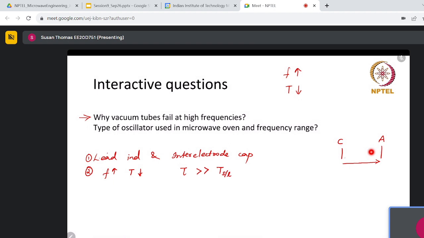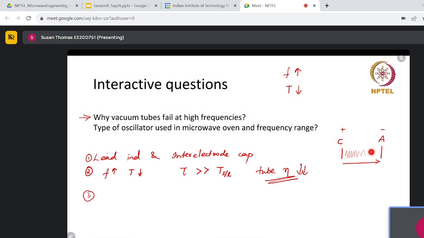So you will have multiple time periods and multiple oscillations within the electrode. The polarity of the electrodes will keep oscillating and the electrons will keep oscillating back and forth, which will eventually reduce the tube efficiency. This is another reason why vacuum tubes are not good at high frequency.